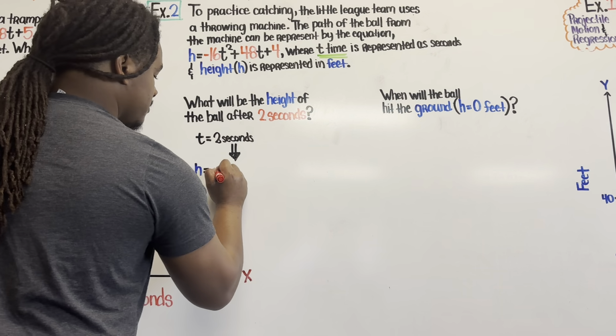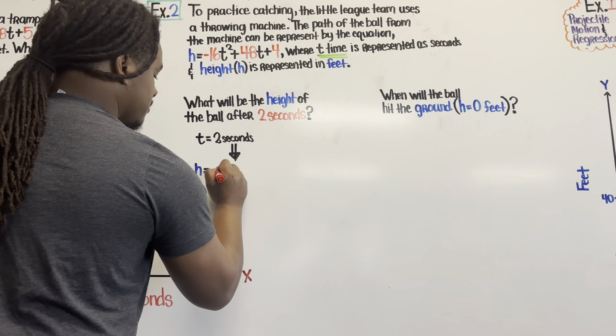So the height of the ball as it's being projected out of the throwing machine is 36 feet after 2 seconds.